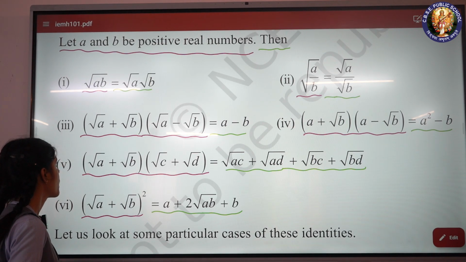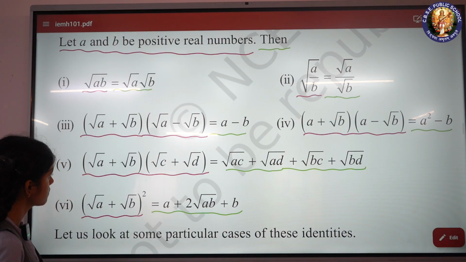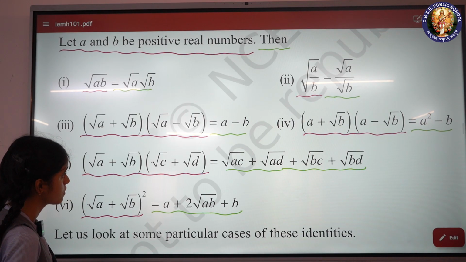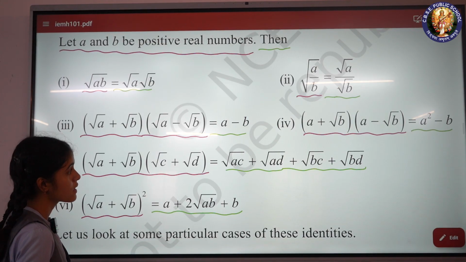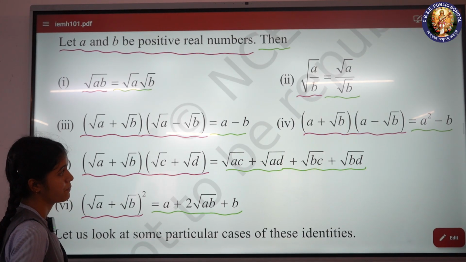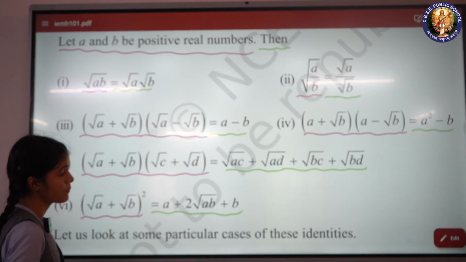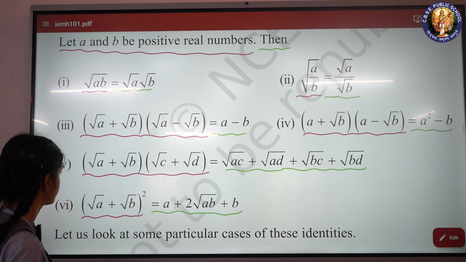Third, (root a plus root b) into (root a minus root b) is equal to a minus b. Fourth, (a plus root b) into (a minus root b) is equal to a square minus b.